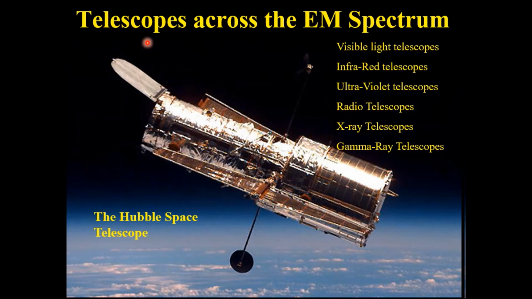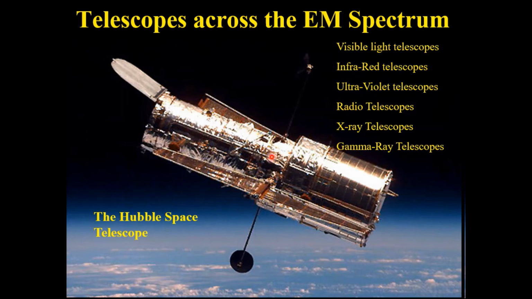It's a pretty amazing technological advance to have telescopes that not only allow us to see in the visible light spectrum, in other words, how our eyes would see it, but also telescopes designed to see in infrared, in ultraviolet, in radio, in X-ray, and even in gamma ray. So we're going to look at some of these different types of telescopes in the next few slides.